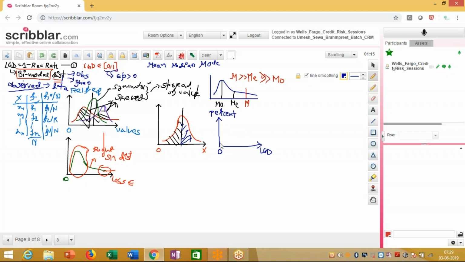Over here, you'll get to see something like this. One of the modes is at zero. At zero, you see a high frequency of values, and it is less than this.